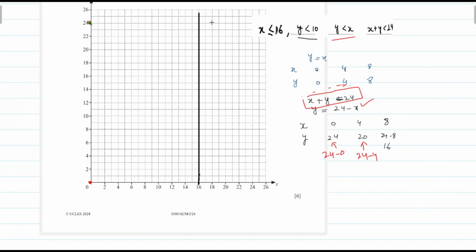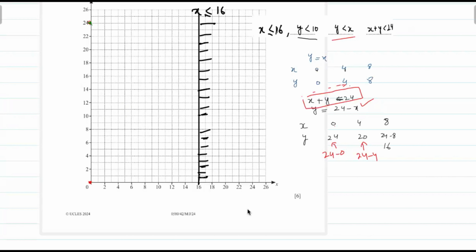Now we have to mark the unwanted region. X greater than 16 will be the unwanted region. We will shade this. Next line is y is less than 10. Firstly, we will draw the line y equal to 10.